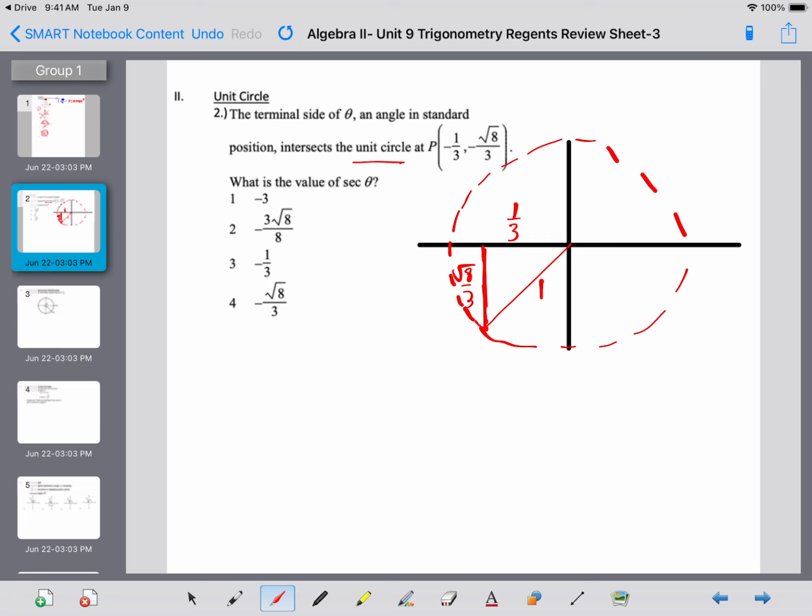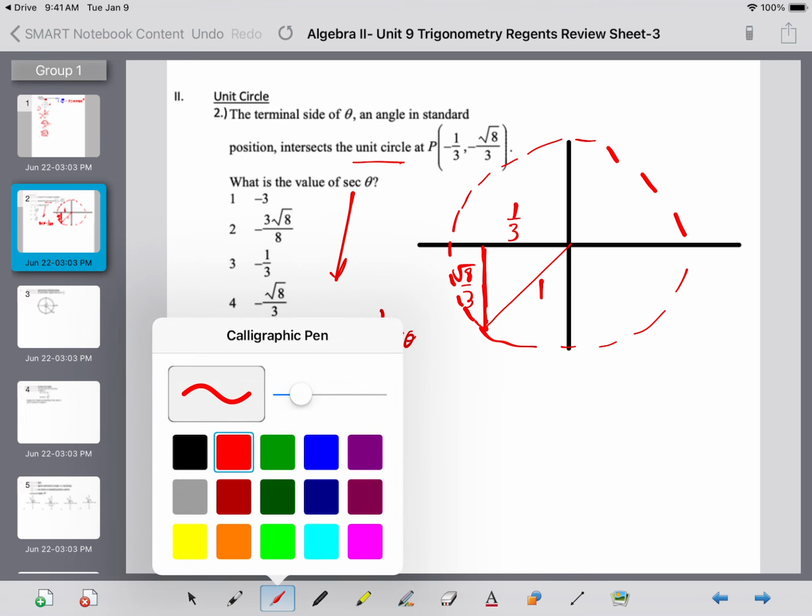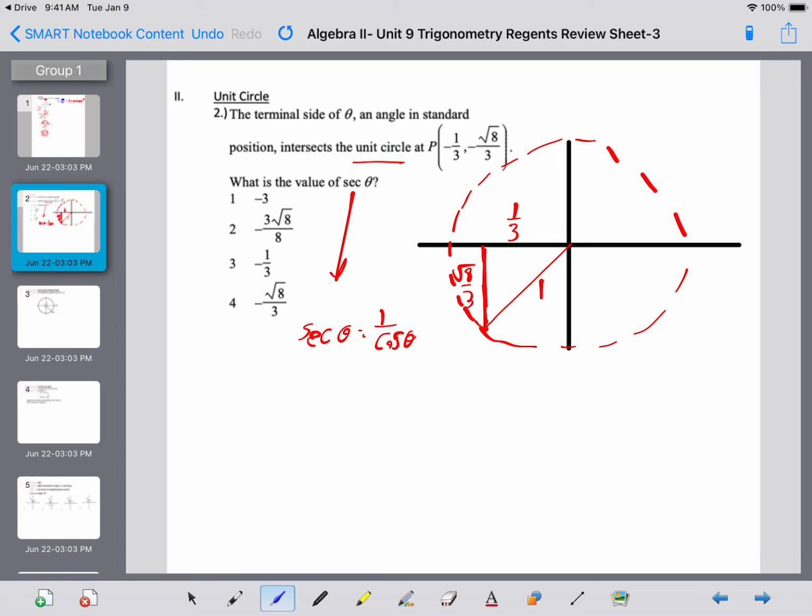So secant, we know that secant theta is 1 over cosine. If it was cosecant, that would be 1 over sine. If it was cotangent, 1 over tangent. You could find cosine and do 1 over cosine, or do the reciprocal of cosine, right? Or you know that cosine is adjacent over hypotenuse, so the reciprocal would just be hypotenuse over adjacent.